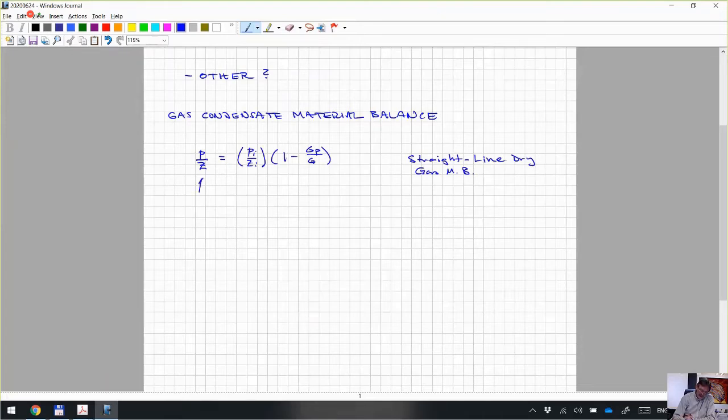This is evaluated at, of course, reservoir temperature and average volumetric reservoir pressure. This is, of course, at initial reservoir conditions. Gp is the cumulative gas produced, and G is the initial gas in place.